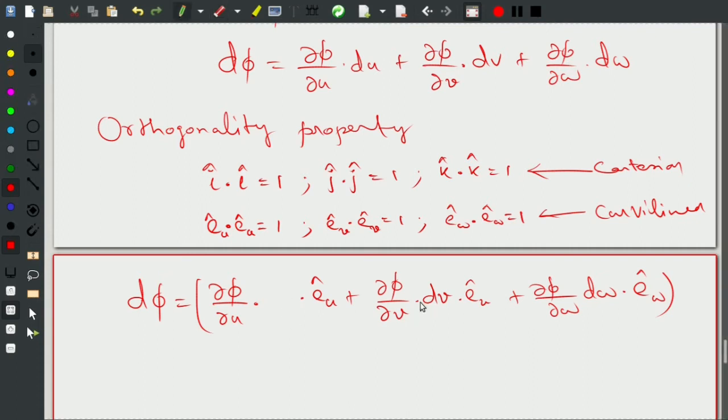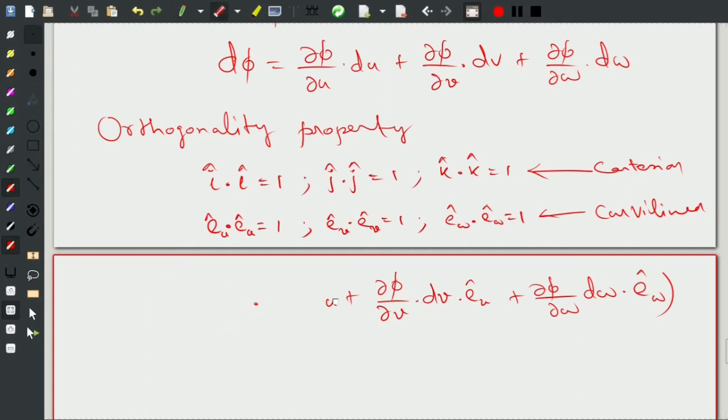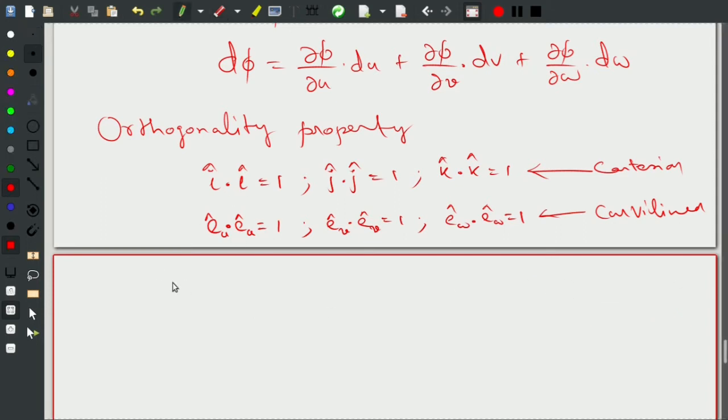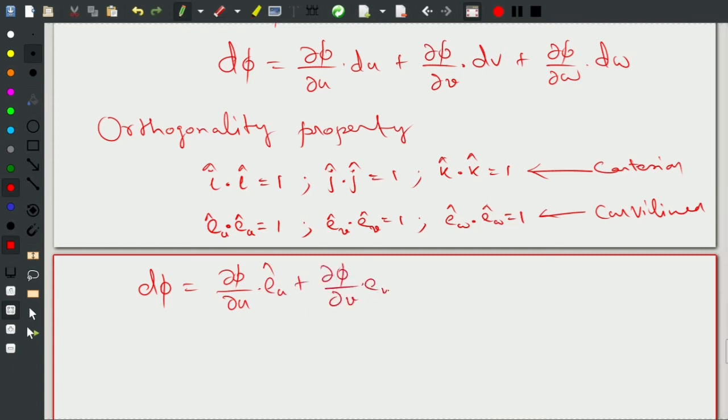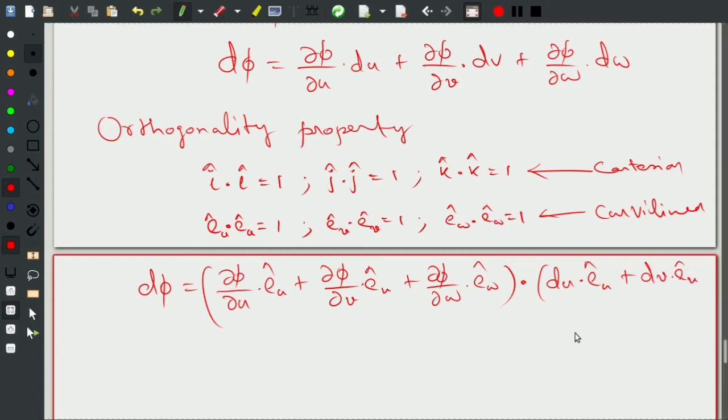Not this e_u here. Let me rewrite this again. Let's write this dφ as ∂φ/∂u e_u cap plus ∂φ/∂v e_v cap plus ∂φ/∂w e_w cap, dotted with du e_u cap plus dv e_v cap plus dw e_w cap.